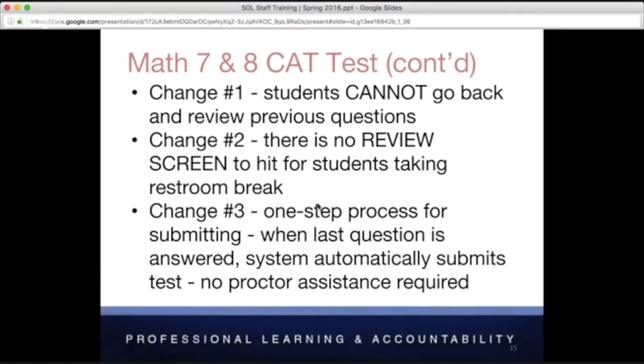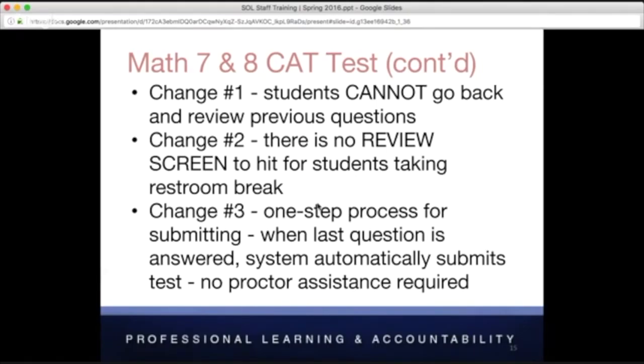Change number 2, there will be no review screen for the students to hit when taking a restroom break. This only applies for the math test. So the procedure for students taking restroom breaks during the math test is for them to go to the next question, but just don't have them answer it.